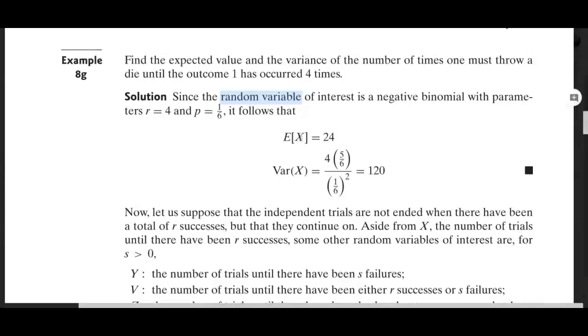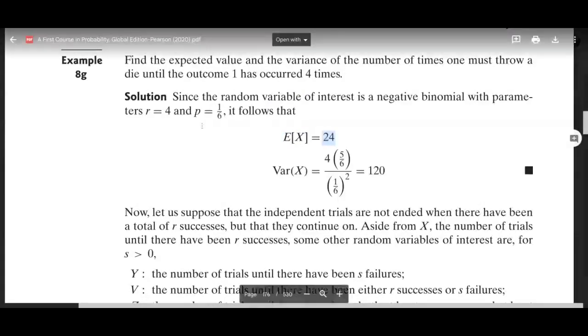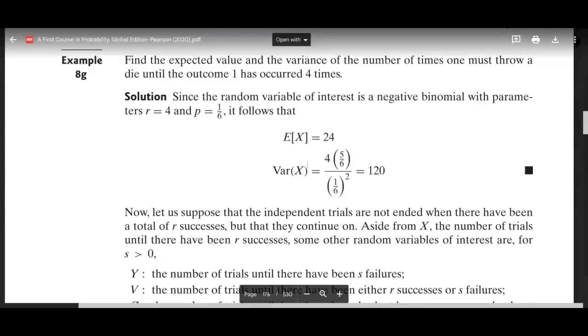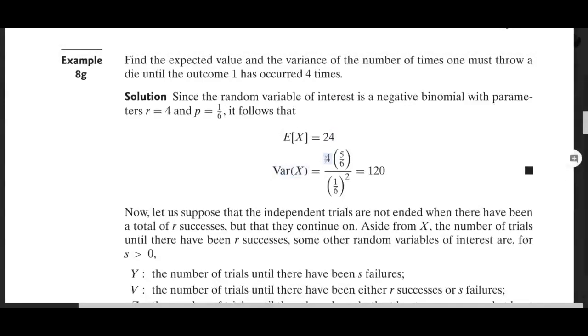So the expected value equals r over 1 over 6, right? 4 over 1 over 6 is 4 times 6, which is 24. And the variance is r times 1 minus p, which is 5 over 6, divided by 1 over 6 squared. Do the calculation, it is 120. Interesting, huh?